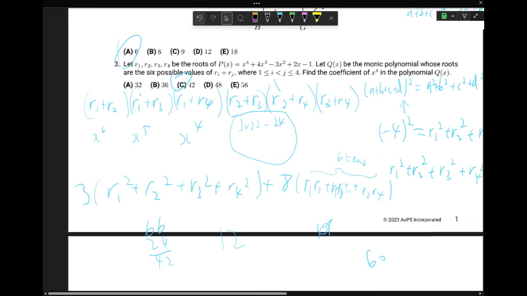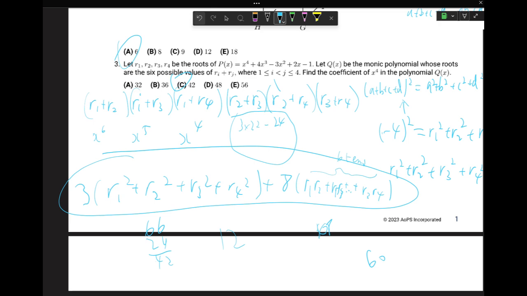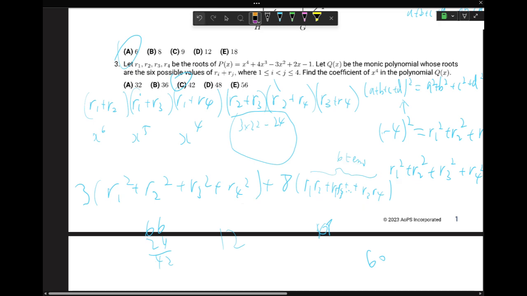Now that we know this, all we need to do is find the value of this whole expression, and we can find that using Vieta.